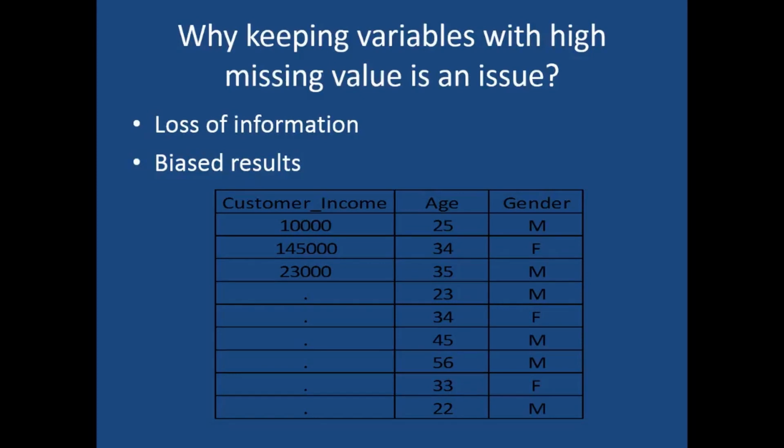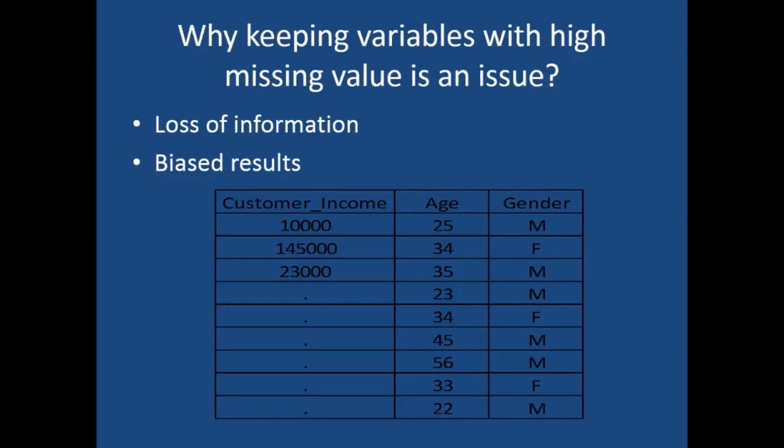Why? Because if a number of observations are removed from the data set before the algorithm even runs, then a certain segment of customers is not going to be represented in the final data set, right?